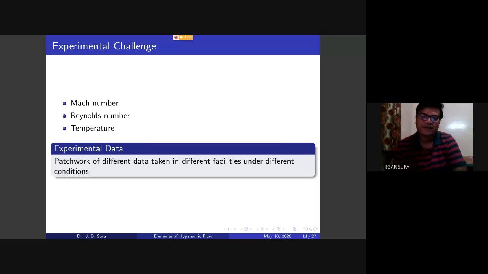Some of the labs can match Mach number. Some labs match Reynolds number. Some labs match temperature ranges. So different facilities have different capability, and when you take all the data from these different kinds of labs, you have to patch them to get a final view of the flow field.